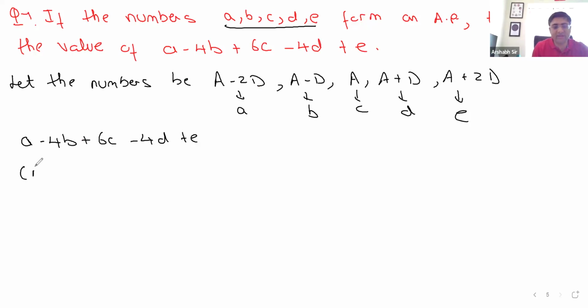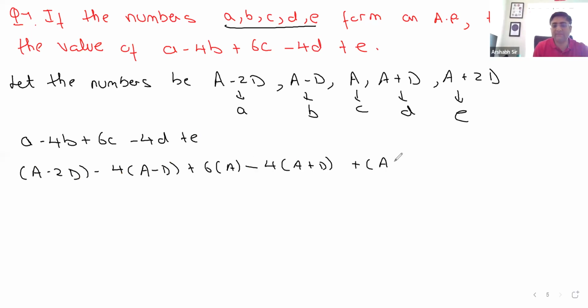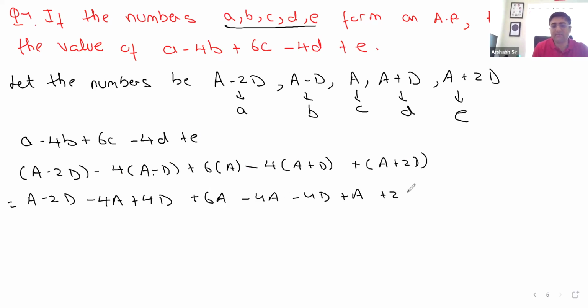Substitute the value. So a minus 2d minus 4 times b, that is a minus d, plus 6 times c minus 4 times d plus e, right? So we get a minus 2d minus 4a plus 4d plus 6a minus 4a minus 4d plus a plus 2d.